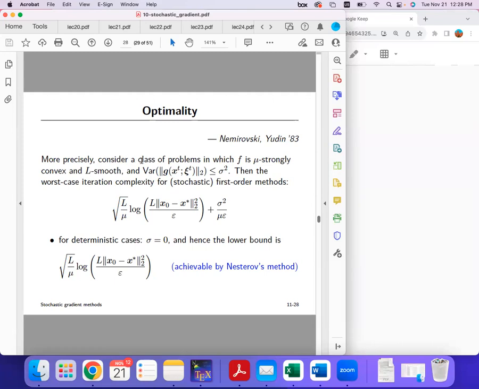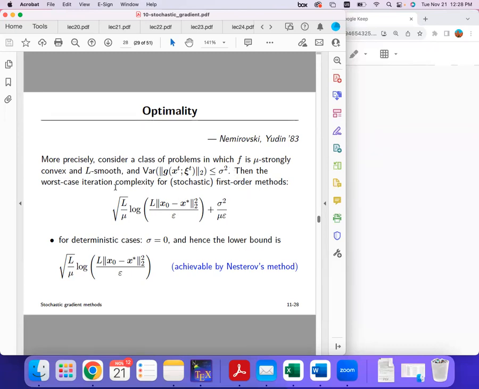Suppose we are dealing with such a class of optimization problems. F is mu strongly convex, L smooth, and the variance of the stochastic gradients is bounded. This assumption we have mentioned in the last lecture. This is a standard assumption that we make in the analysis of SGD. Then the worst case iteration complexity for stochastic first order methods is given as follows.